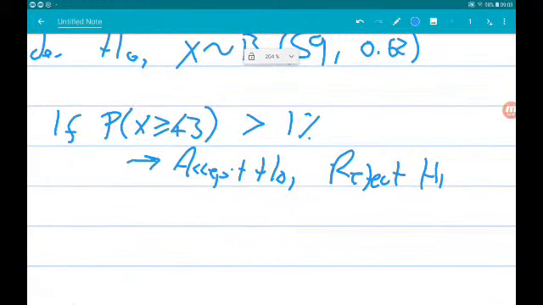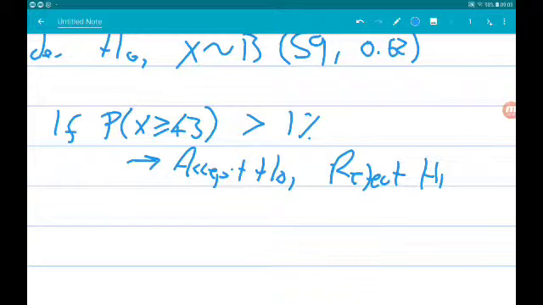So what we're testing is whether the 43 people had more or less than a 1% chance of happening if the proportion was still 62%.